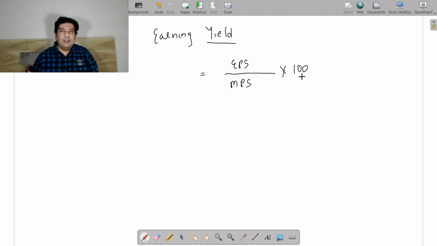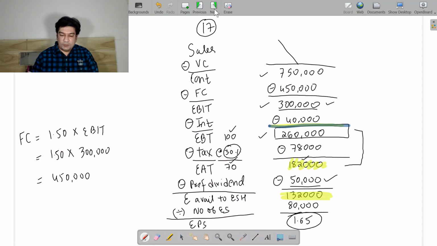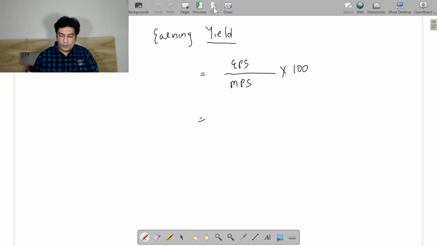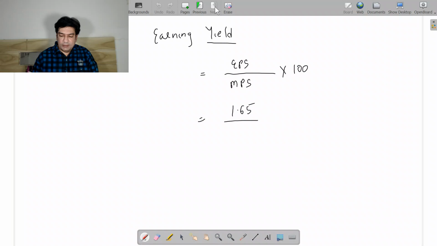Earning per share we have calculated, it is 1.65, and the market price per equity share is 20 rupees. So 1.65 divided by 20 into 100. So 8.25% is the earning yield.